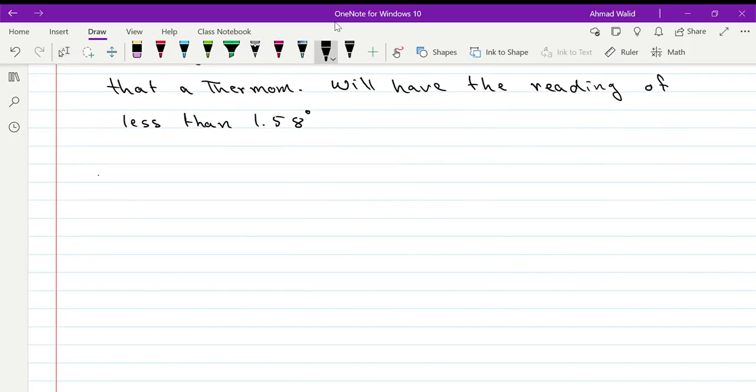Now, steps for dealing with a problem like this. Step number 1, find the z-score. The formula is z equals x minus mu over sigma.